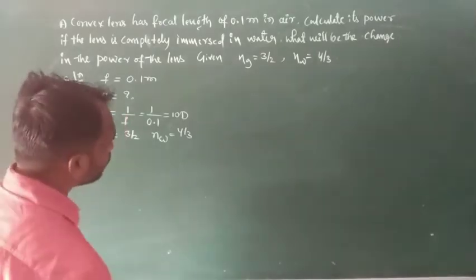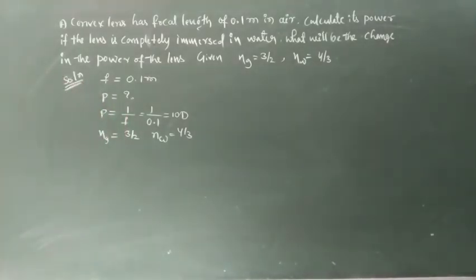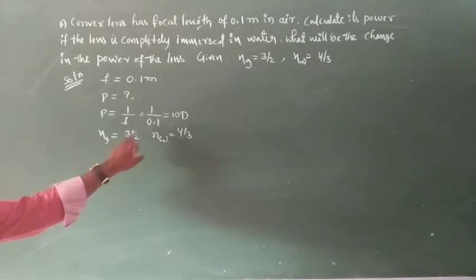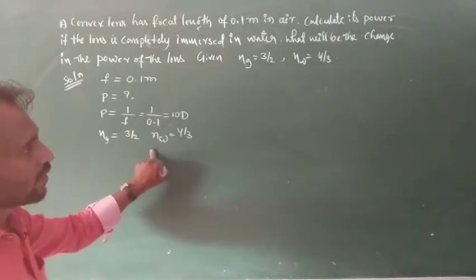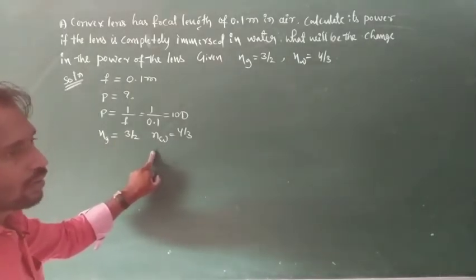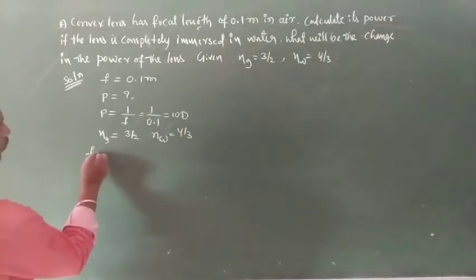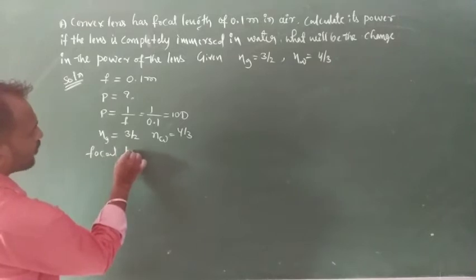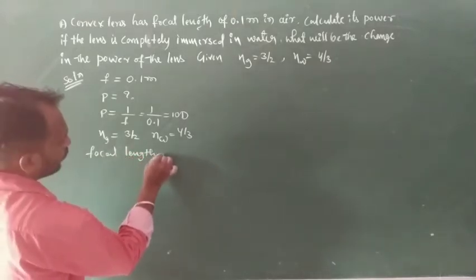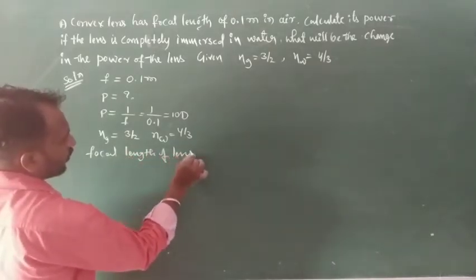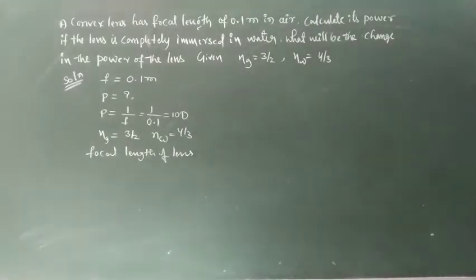Okay, so here the refractive index of glass and the refractive index of water are there. You already know the focal length of a lens formula.